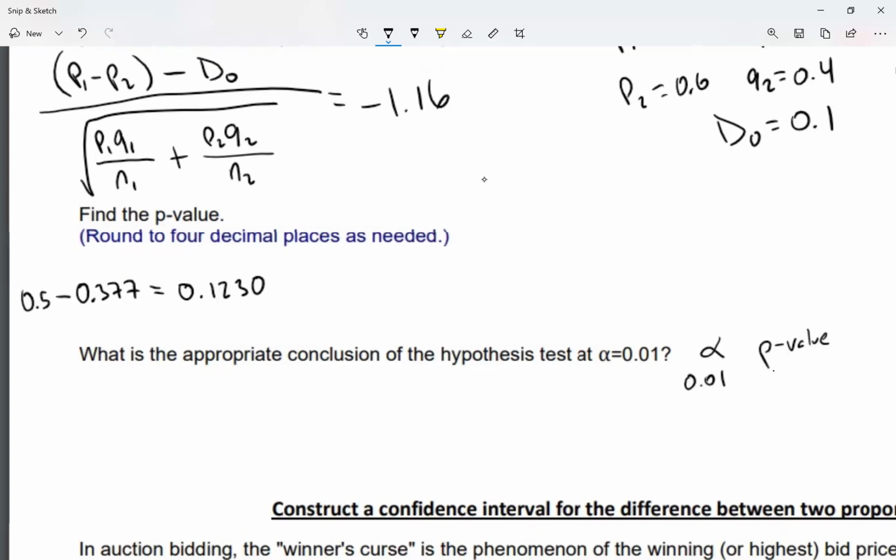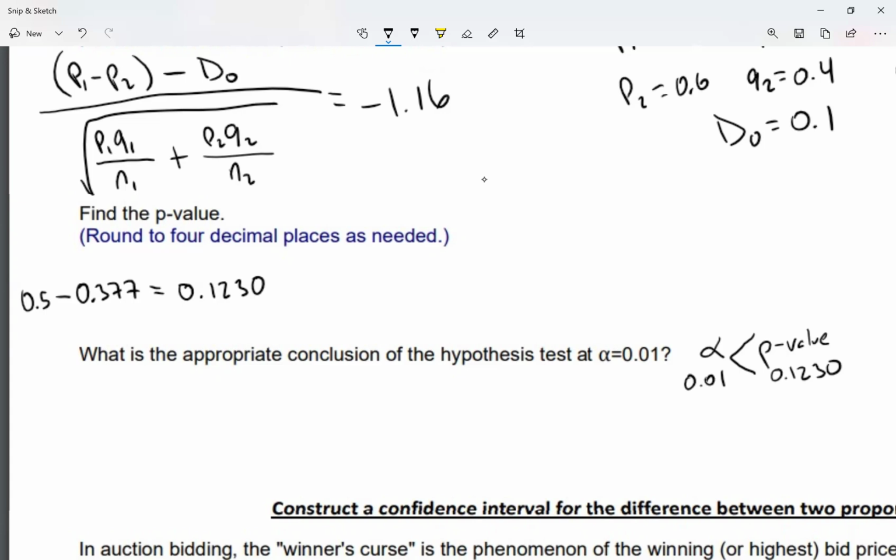So again, this is 0.01 and this is 0.1230. Which one is bigger? Is my alpha bigger or is my p-value bigger? Yeah, my p-value is bigger. Every time the p-value is bigger than alpha, do not reject the null hypothesis.